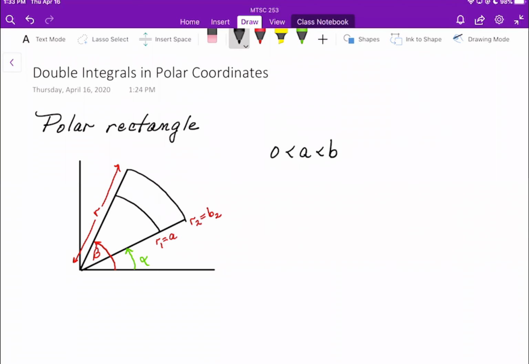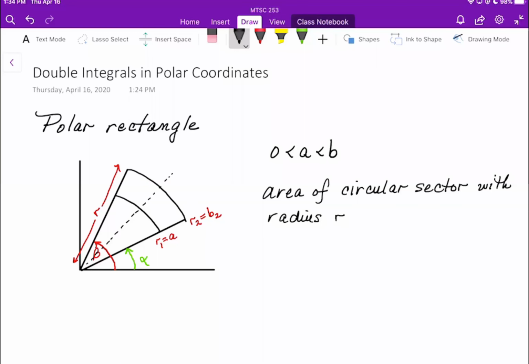So now we want to talk about the area of the circular sector with radius r. All right, so I want to have a central angle. So a central angle might be going through here.